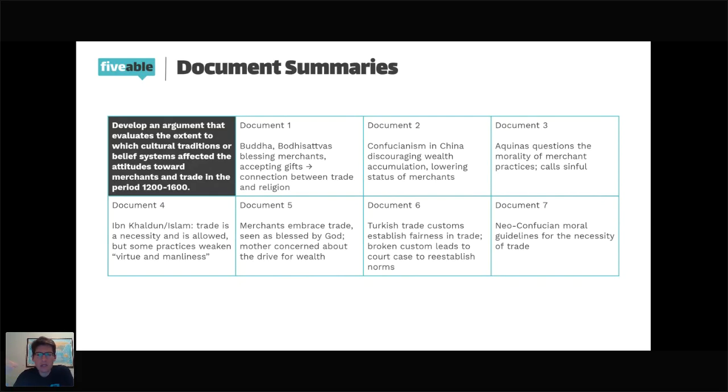If you're looking along on the Google Doc of this DBQ, you will see that the second document is actually a secondary source. It's from the Metropolitan Museum of Art, and it's writing about 10th century China and Confucianism and the government there. So we have a cultural tradition of this Confucian bureaucracy.